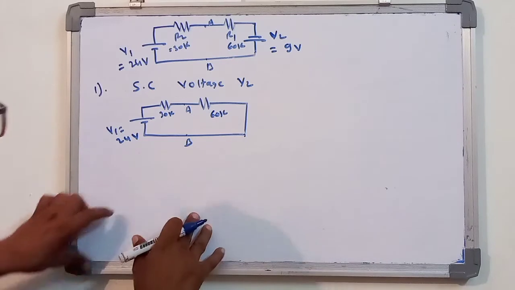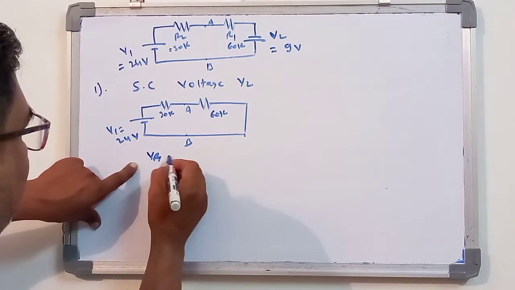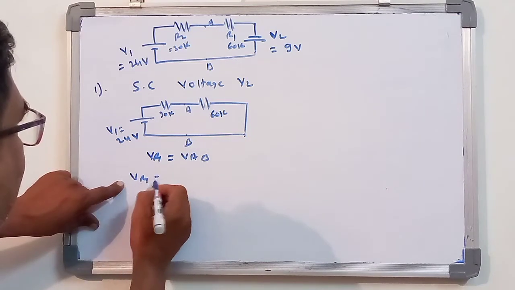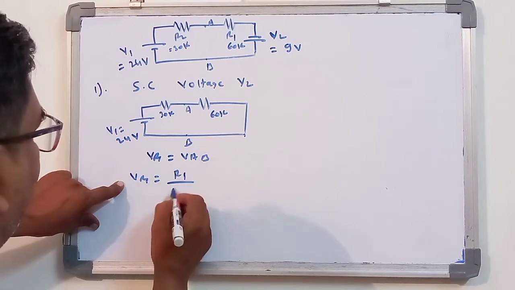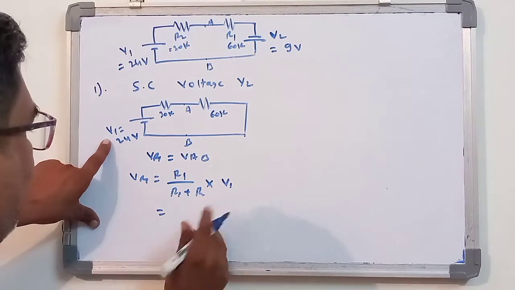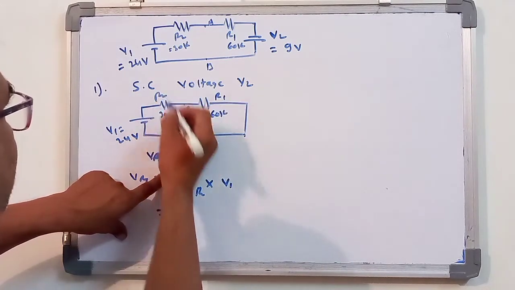Okay students, now you have the formula, that is VR1 is equal to VAB. So again VR1 is equal to R1 divided by R1 plus R2 multiplied by this V1. So what is the value for R1? Here it is R1, here it is R2.